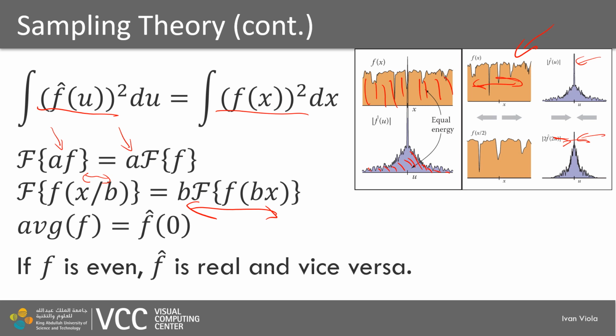In the frequency domain transformation, the average value of our values in the spatial domain will result in the amplitude at f hat of 0.